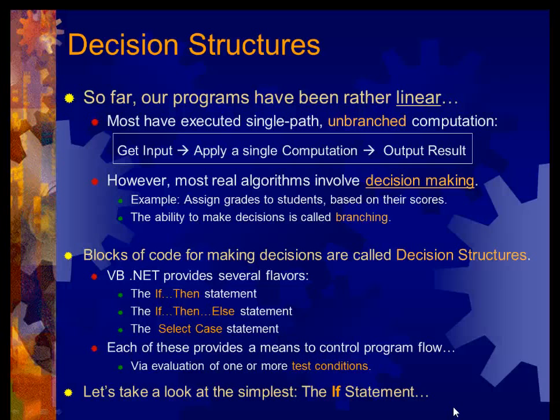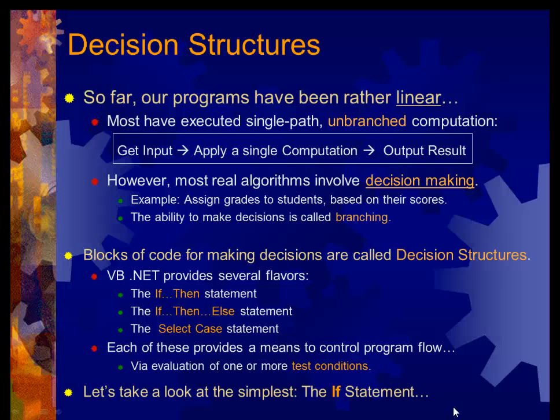What was the other one we saw? If, then, else if. That's one more. Each of these provides a means to control program flow via evaluation of one or more test conditions.